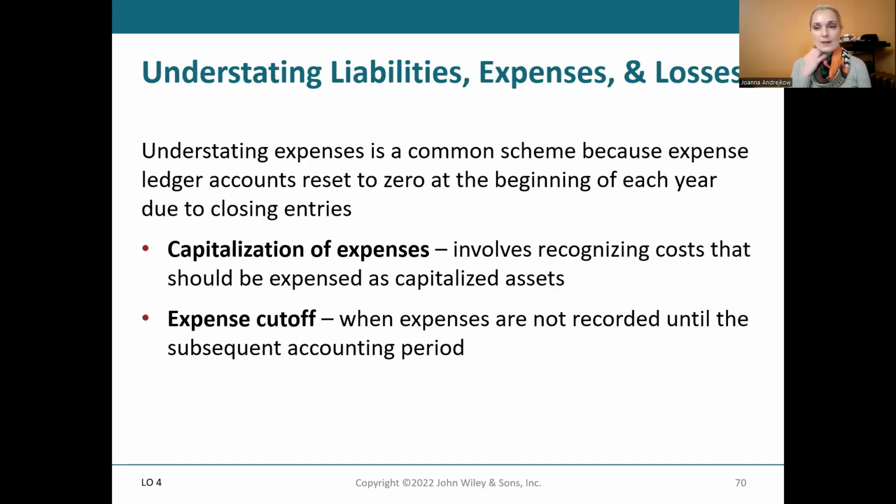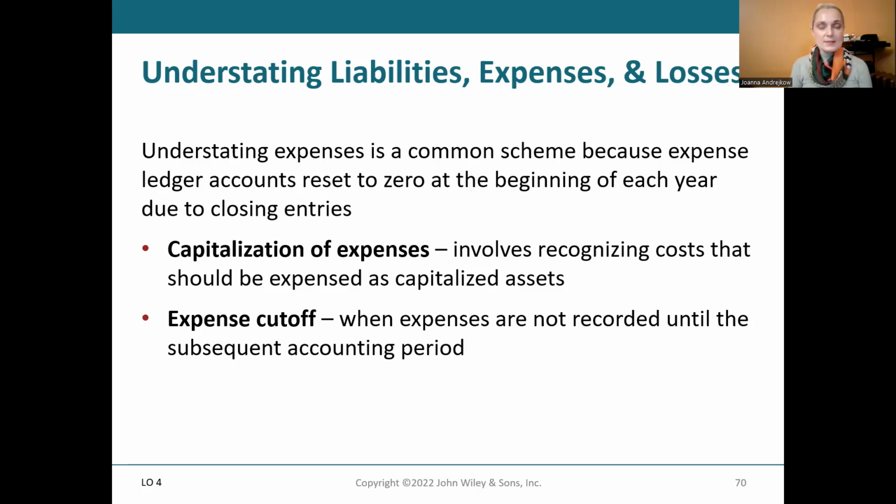Another type of fraud management can engage in is understating liabilities, expenses, and losses. Understating expenses is a common scheme because expense ledger accounts reset to 0 at the beginning of each year due to closing entries.